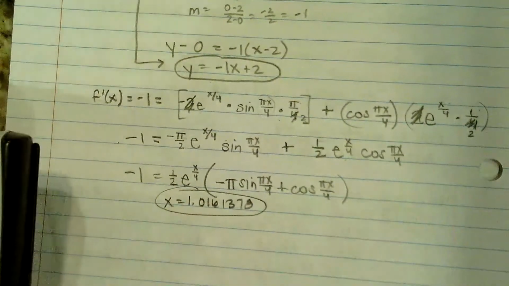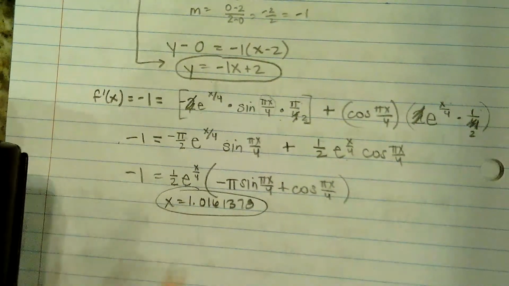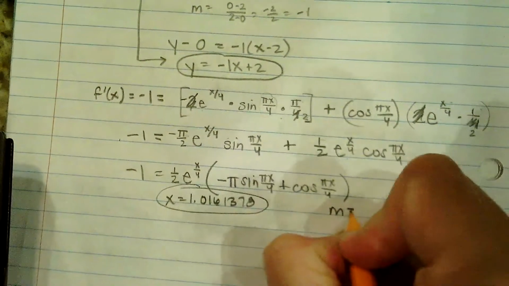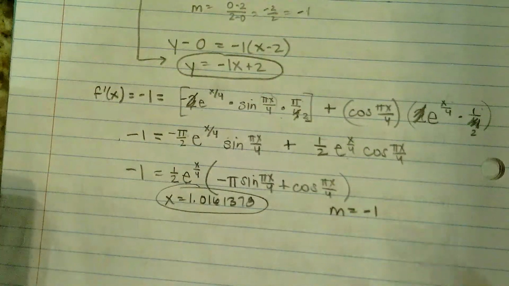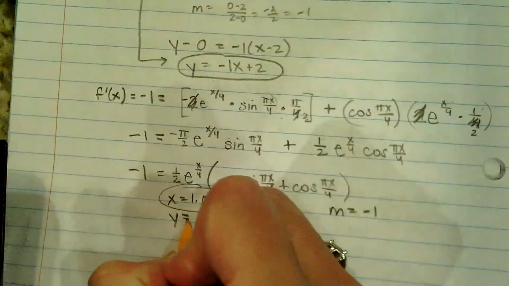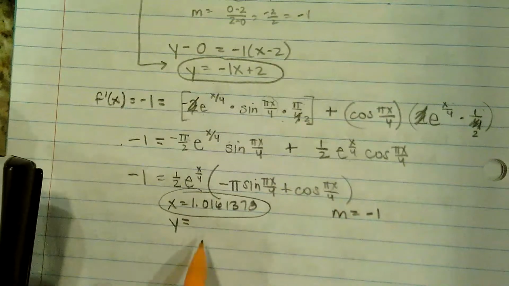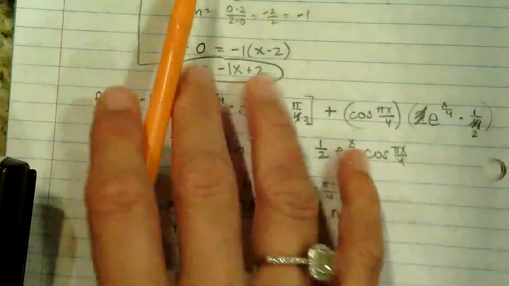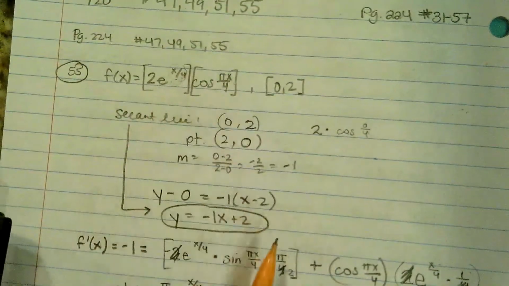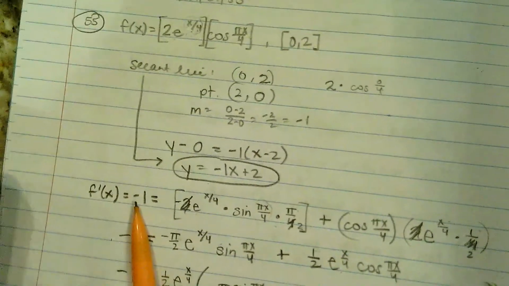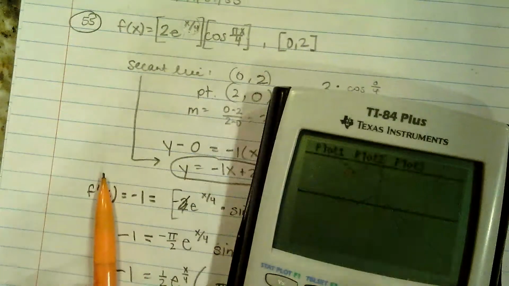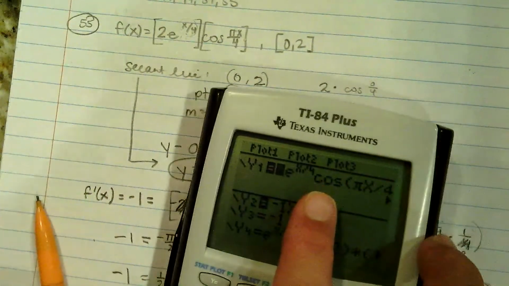So if I want to write the equation of the tangent line, I have my slope equals negative 1. And I have my point, x equals that, while y equals, and I would have to plug that back in to my original function. So for that, I can just check my table, because I have my original function right there.